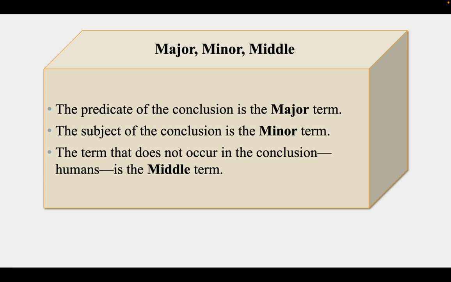On the other hand, the subject of the conclusion is always the minor term. And obviously, the third term, the one that does not occur in the conclusion, that term is called the middle term.